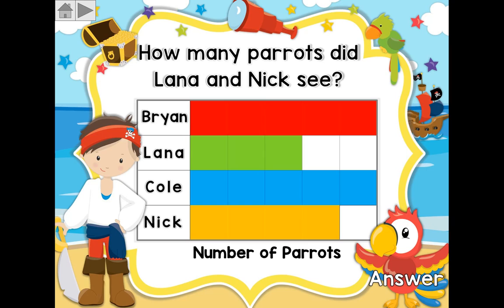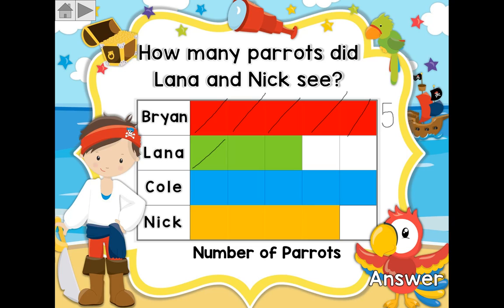Okay, the first thing I'm going to do is read all of the friends that found parrots. Brian, Lana, Cole, and Nick. I'm going to label each of their bars. Brian found 1, 2, 3, 4, 5 parrots.